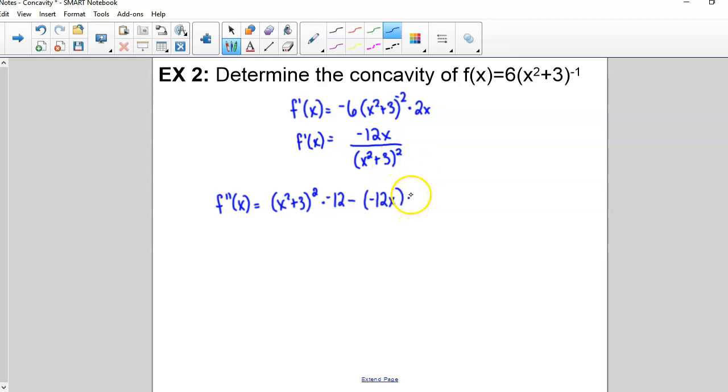So it's just going to be a 2 there. Okay, and so this right here is a little tricky because you got to use that chain rule, so be careful with that. Oh wait, that'd be x squared plus 3 squared squared.